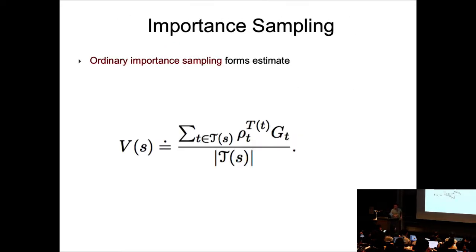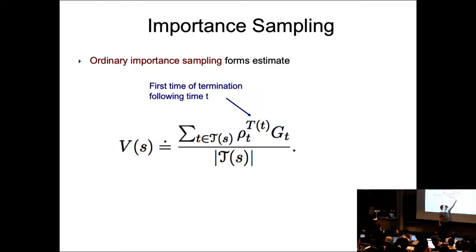So now, how do we use importance sampling? We can use ordinary importance sampling. We can form the following estimate. Let's look at what this estimate is. This is the value of the state. It's the sum of your returns weighted by this importance sampling ratio, divided by the total number of visited states.